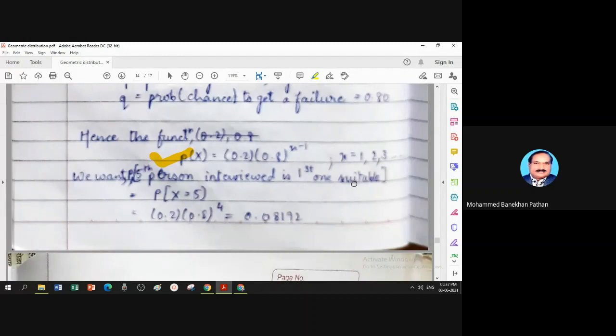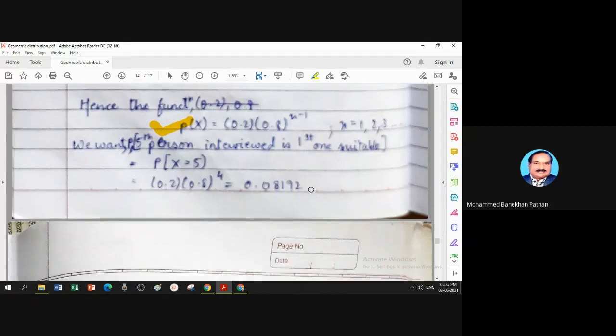That means I conducted the interview: first candidate not suitable, then second candidate not suitable, third candidate not suitable, fourth candidate not suitable, fifth candidate is suitable. So the fifth trial is a success, and before the fifth, the four trials are failures.